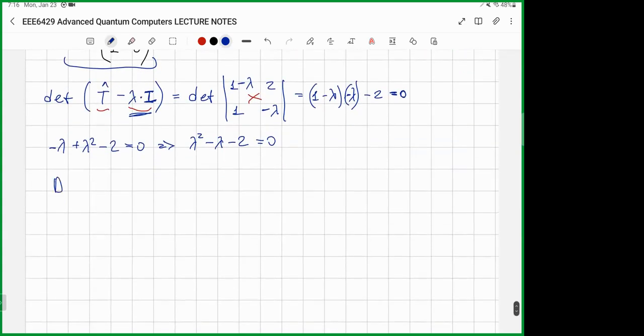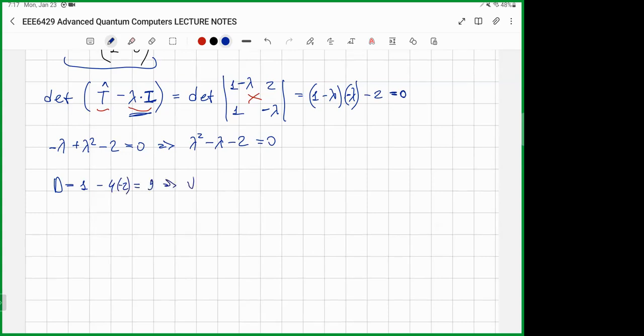Right, so the discriminant is equal to b squared, 1, minus 4ac, which is basically times 2 minus 2, right? So it is 9.